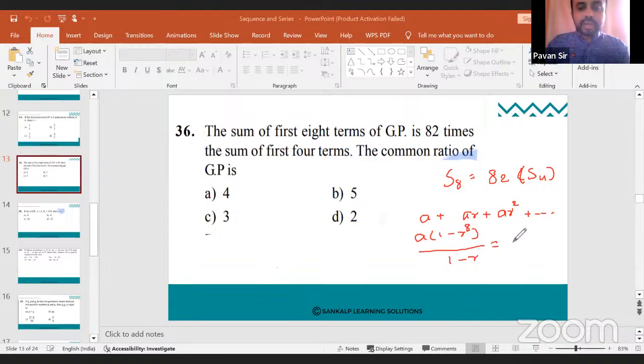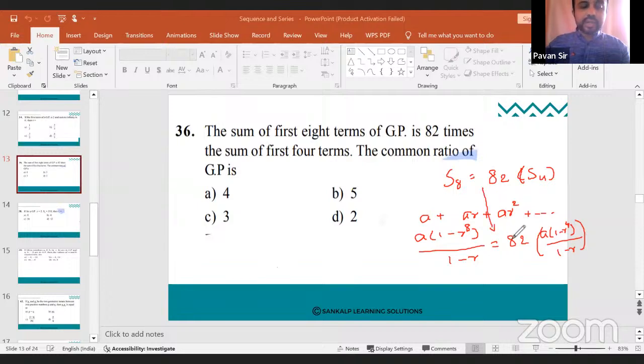It is nothing but 82 times A into 1 minus R raised to 4 upon 1 minus R for the 4 terms.